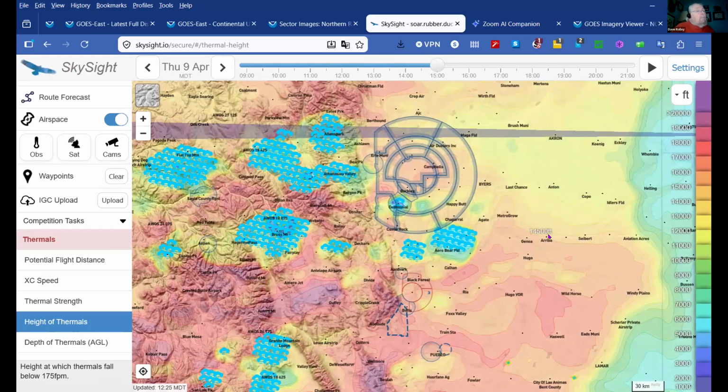Now, on this chart, this is the height above sea level, so MSL. Again, notice that I've got the number on my right next to my cursor. So 16,000 feet there, 11.5 there. Notice that we've got storms and it's saying 6,500 feet, which is ground level, maybe even a little below.